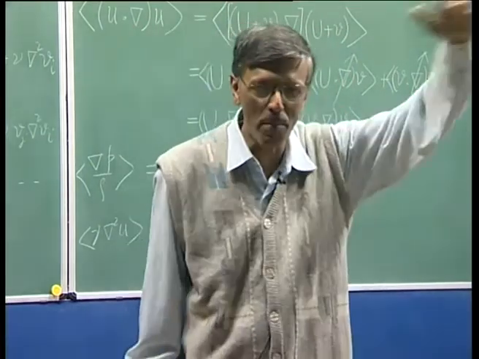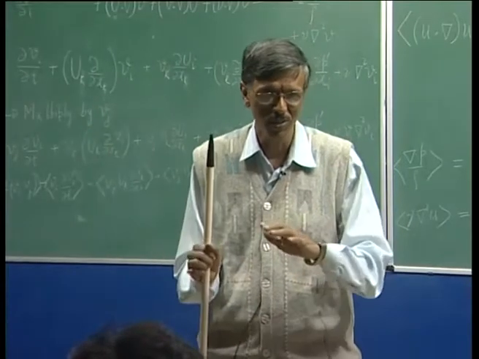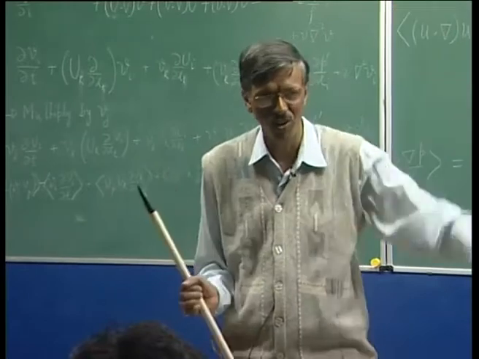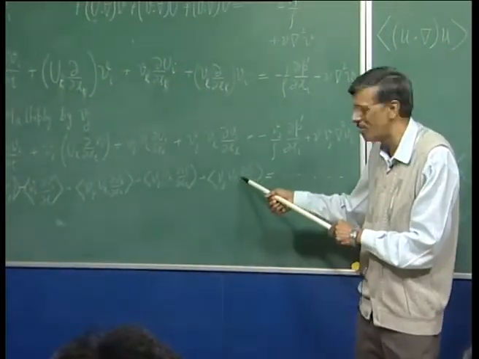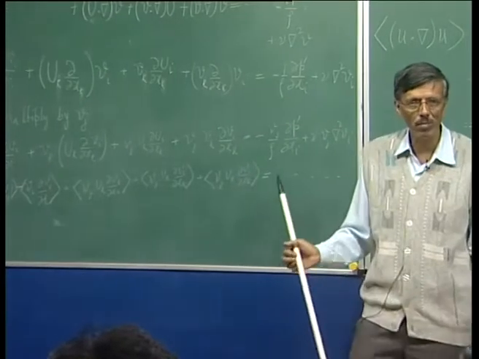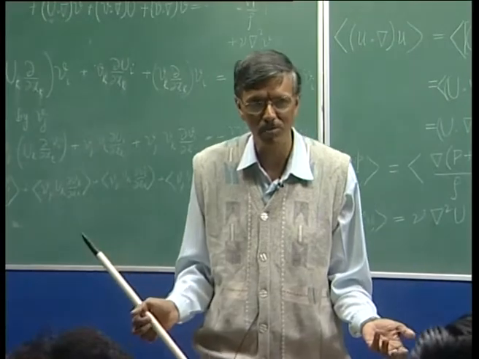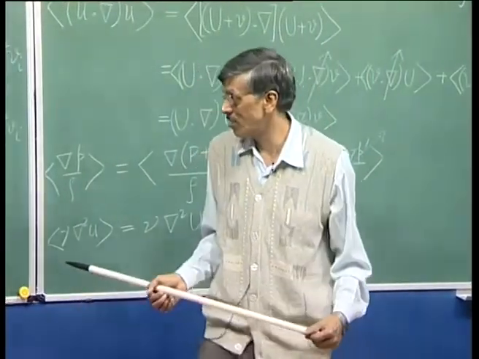So, you could stop somewhere, and then you do not have this turbulence closure problem, because it gets over. Suppose at this level I could say this term is 0, then my problem is solved. I have been able to write out an equation for the triple correlation term. Okay. But it is not possible.